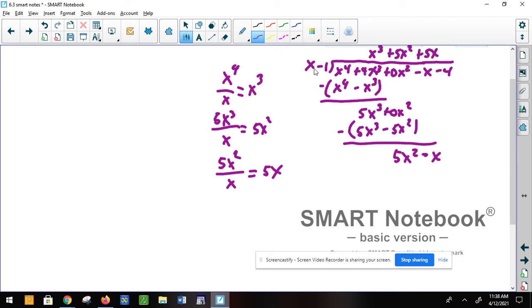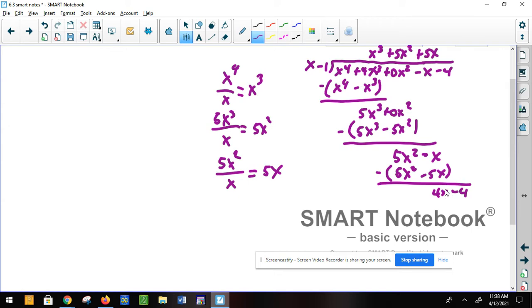So then 5x times x is 5x squared. 5x times negative 1 is negative 5x. When you subtract, that minus that is 0. Negative x minus negative 5x is like negative x plus 5x. And you get 4x. You bring down the negative 4.